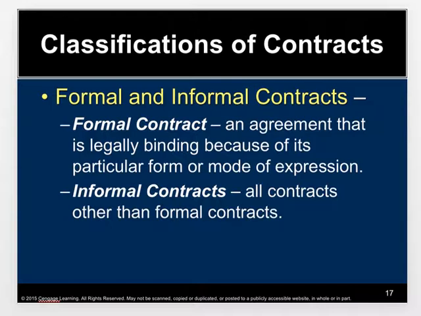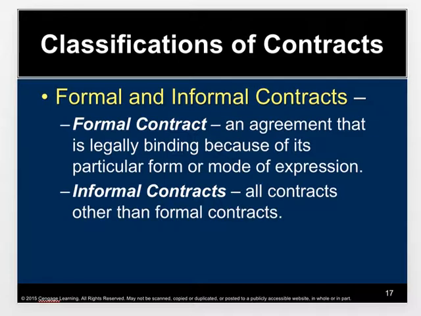Remember, a deed is the document that transfers title from one person to another. Most real estate contracts, for the most part, are formal. So those are the ones that, again, need to be notarized or have witnesses. They usually require additional things to be done.